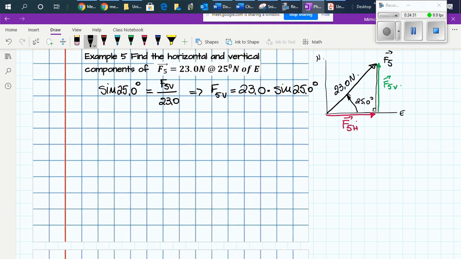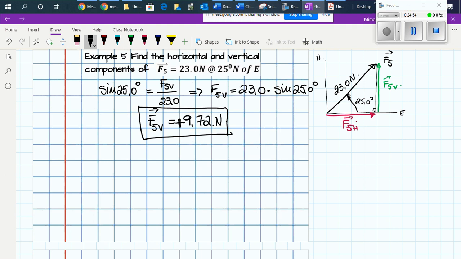So 23 times sine 25 will be 9.72. It is positive, but since we are talking about a vector, we will state the sign as the positive sign.